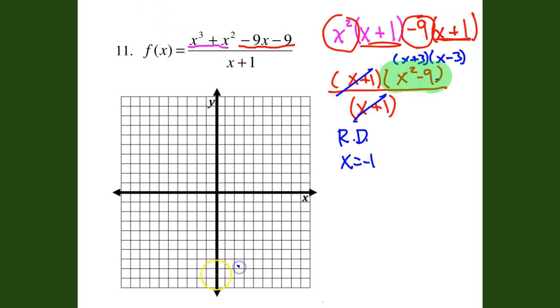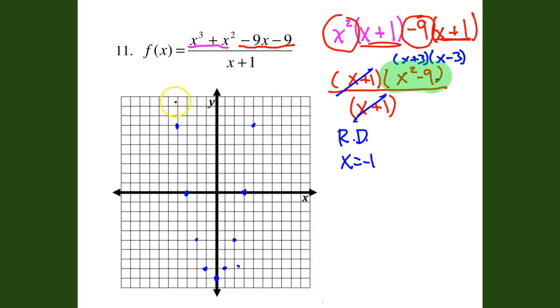So we'll have it down here at negative 9, go up 1, 1, 2, 3, and then up 5, 1, 2, 3, 4, 5. There we go. We could even go up 7 this time if we wanted to. 1, 2, 3, 4, 5, 6, 7.